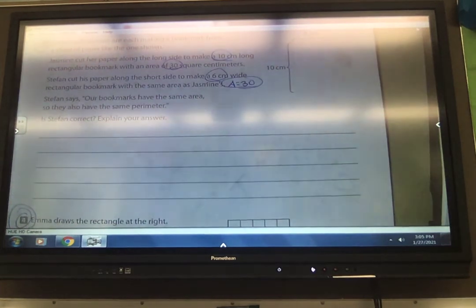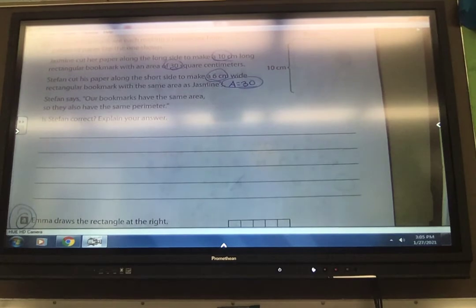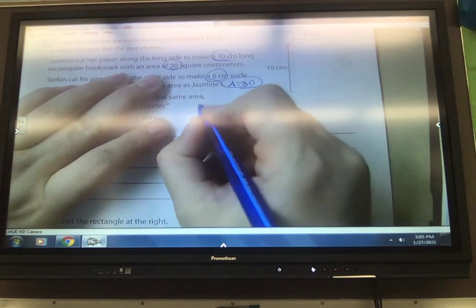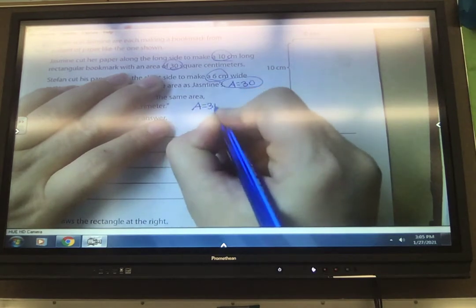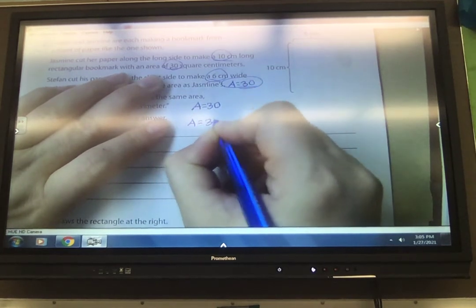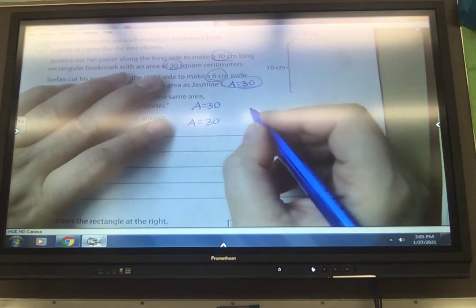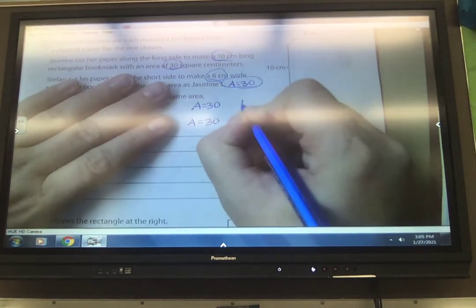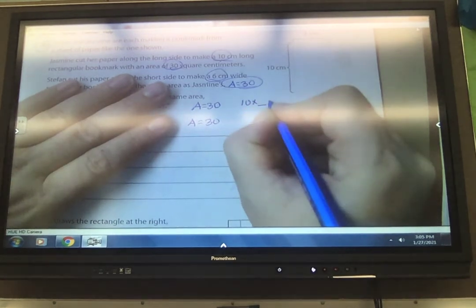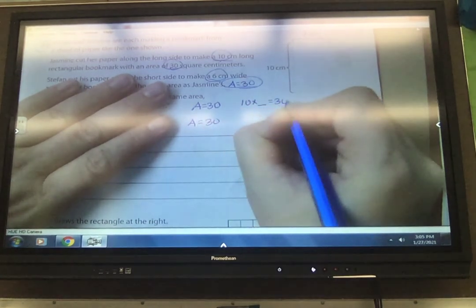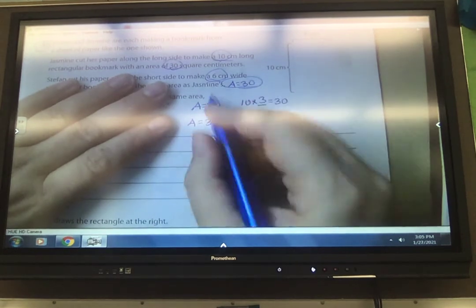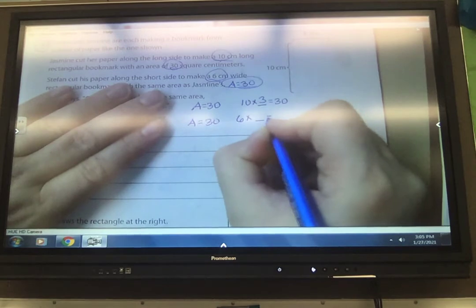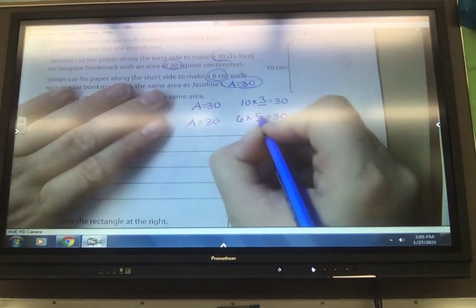Stephen says our bookmarks are the same area. They also have the same perimeter. Is he correct? Well, let's find area and perimeter. So we already know that their area is both 30. What we don't know is perimeter. So we need to figure out what Jasmine's other side is. So 10 times what would give me 30? 3. And his was 6 times what to get 30? 5.